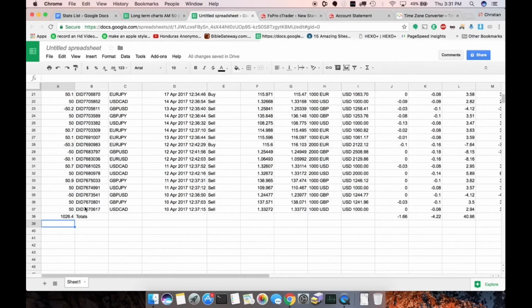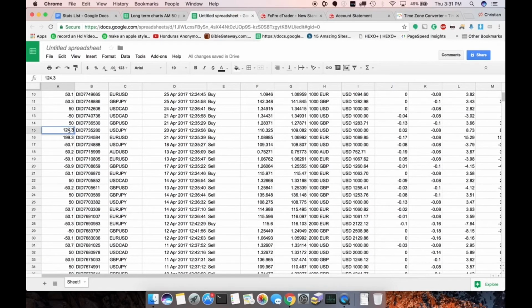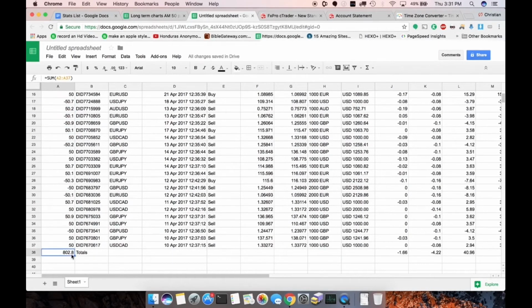Now, the French election obviously doesn't happen every day. What happened here is the prices went up so much over the weekend while the market was closed, and so that's what happens. And then I end up with 802 pips here over the course of 14 trading days.